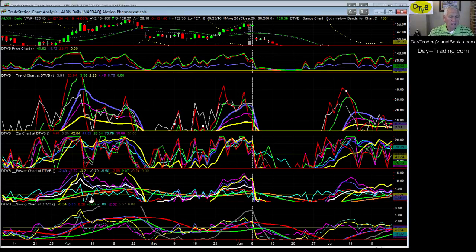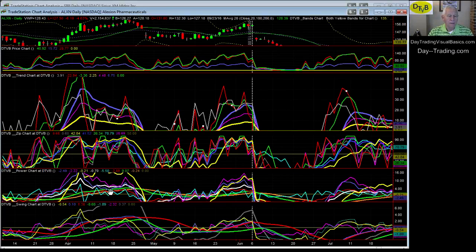What I'm trying to say is the power green and orange move slower than the trend trio. In other words, the trend trio is going to drop faster, whereas the power green and orange are going to climb higher.